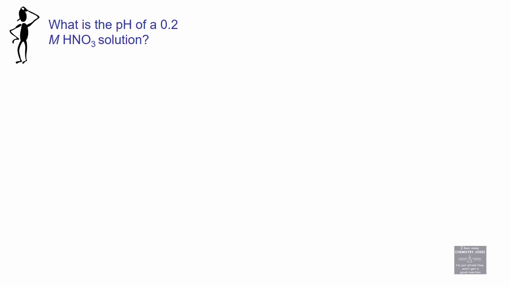How about some more? What's the pH of 0.2 molar HNO3? First question, HNO3, strong or weak? Strong. HNO3 is strong, and because it's strong, it means it produces all H+ in solution, a limiting reactant type problem. So 0.2 molar.